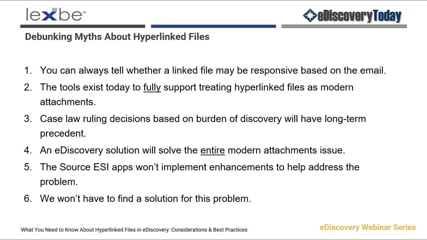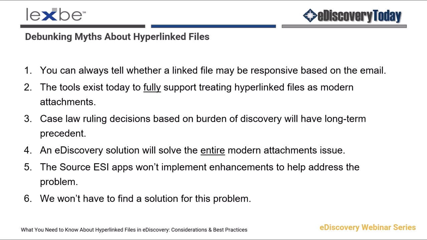Last is the myth that we won't have to find a solution for this problem. Yes, we will. Why? Well, do you think litigation is the only reason we need this capability? There are other use cases, such as investigations, HSR second requests, and incident response, where the ability to get back to the linked files will be important.